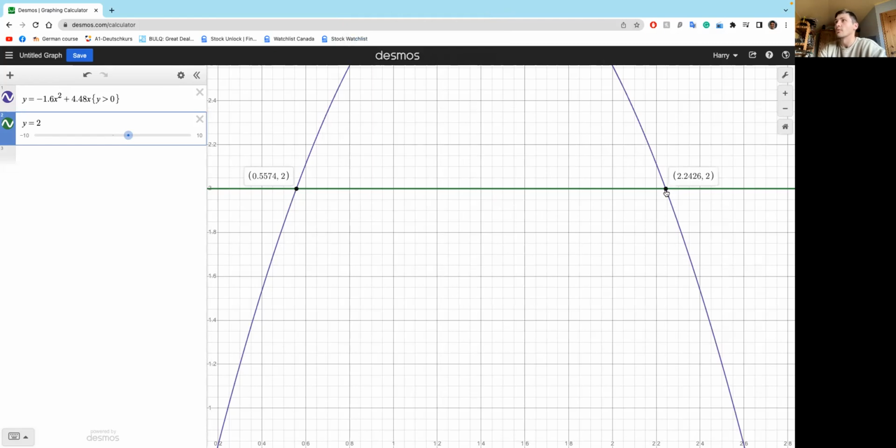If we zoom in on Desmos, you get more decimal places: 0.5574 and 2.2426. If we come back to the pad, I'll write this in.